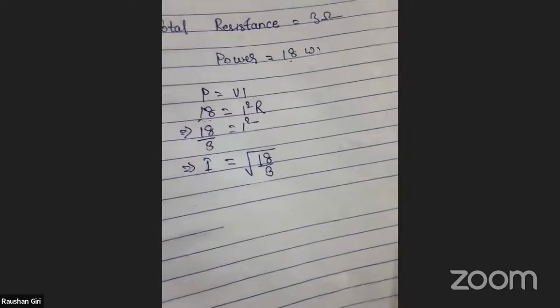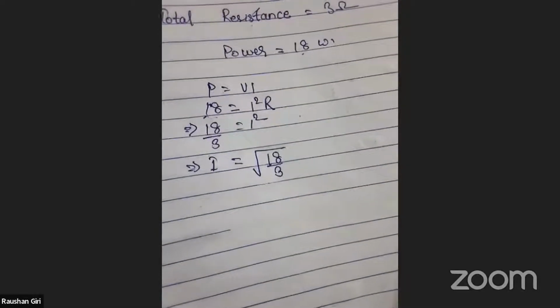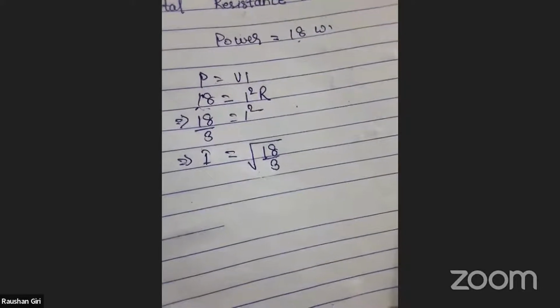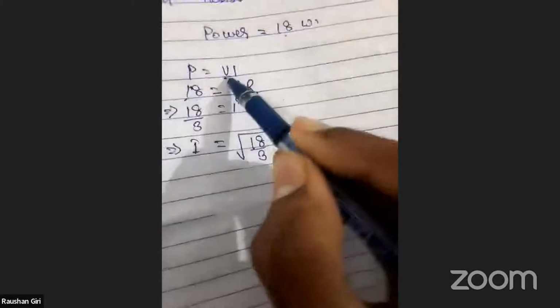Power is given by V into I, but the potential difference is not given there. So I have converted V into I, I square into R.